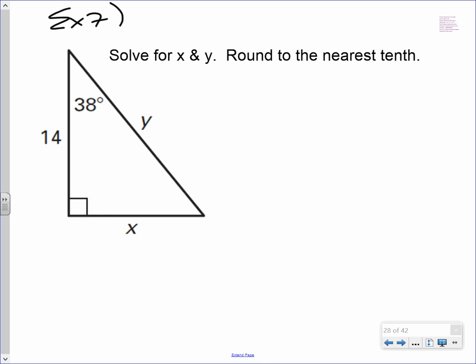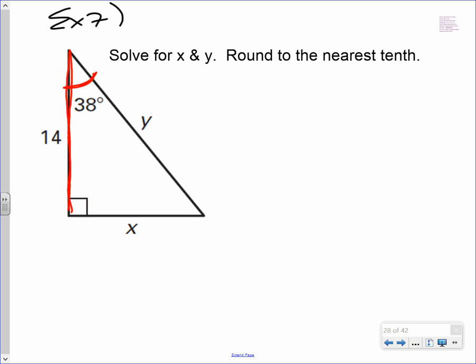They first gave me a 38-degree angle, the acute angle. And then you ask yourself, out of the three sides, opposite, hypotenuse, or adjacent, what side did they give me in relation to 38? This 14 here, is that the opposite, hypotenuse, or adjacent? That's the adjacent. So that's the cards they dealt you.